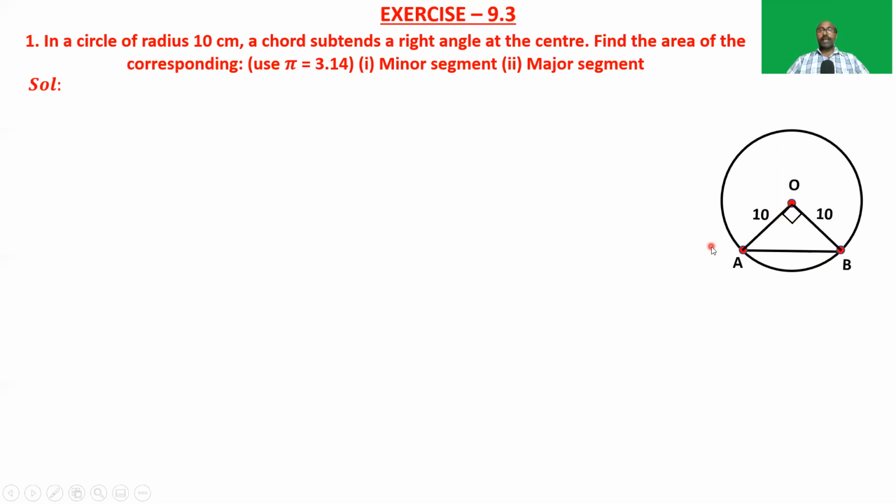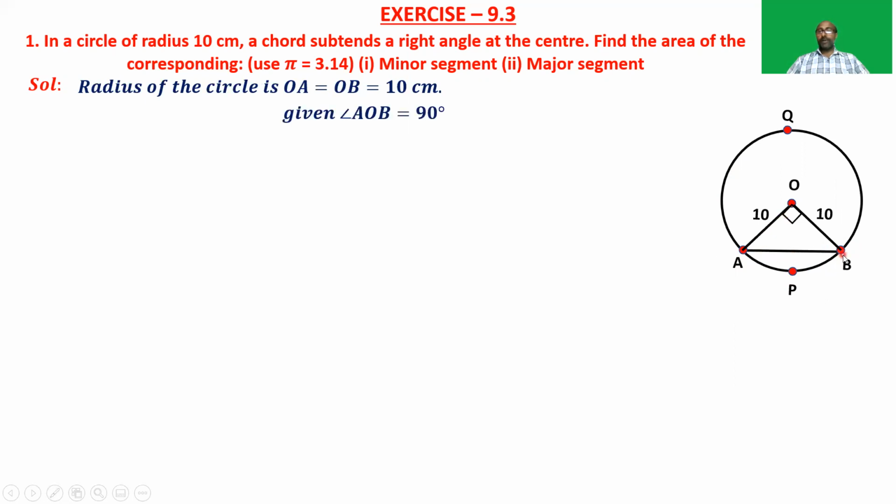Now we have to find the areas of the minor segment and major segment. So let P be a point on the minor arc and Q be a point on the major arc. Now APB is the minor segment and AQB is the major segment. So the radius of the circle is OA equals OB equals 10 centimeters and given angle AOB equals 90 degrees, as it is given that the chord AB subtends a right angle at the center.